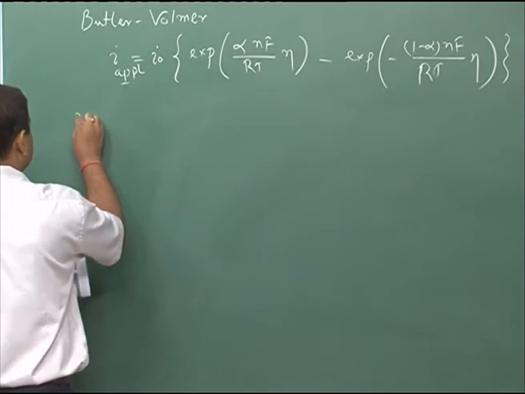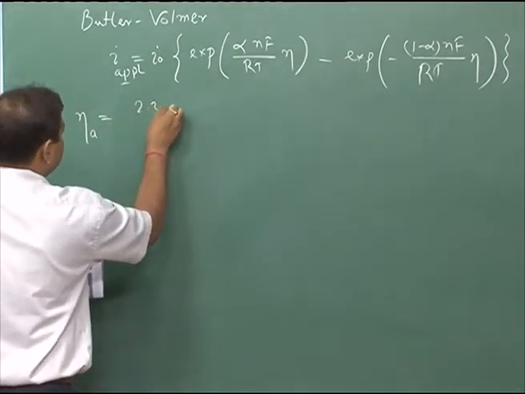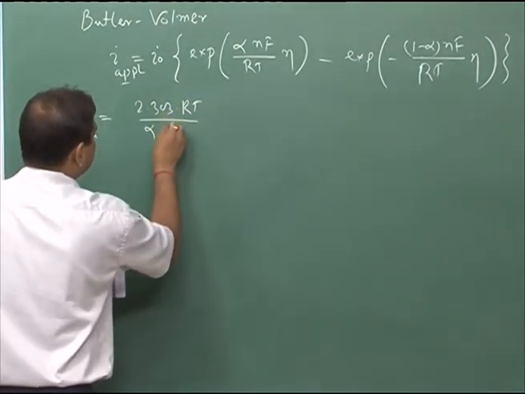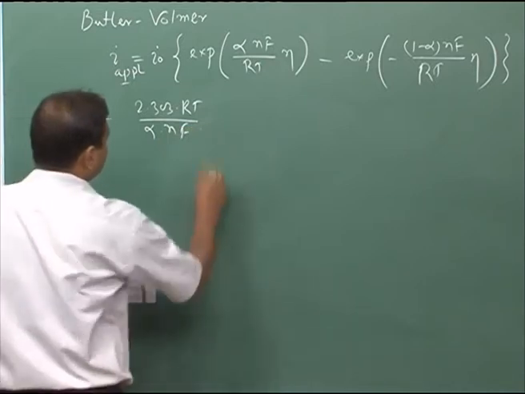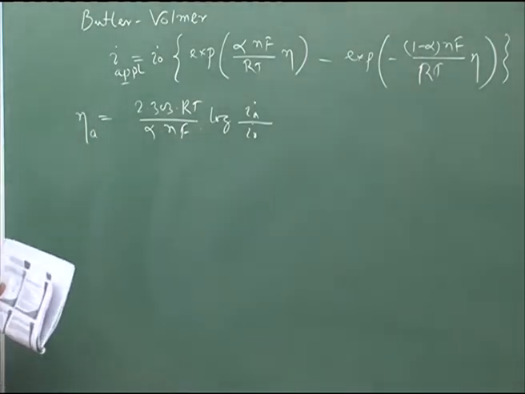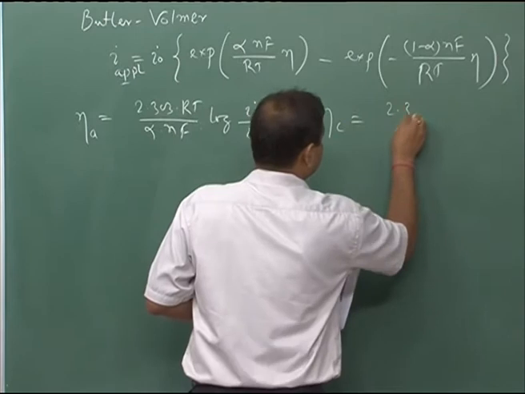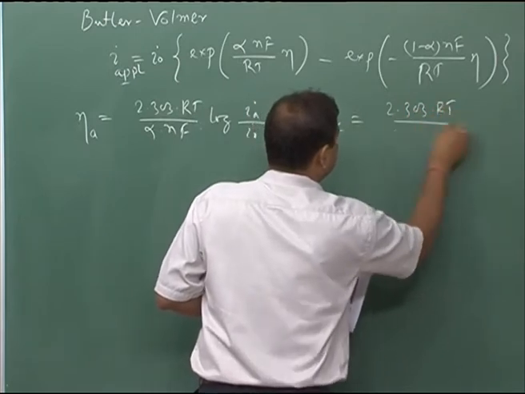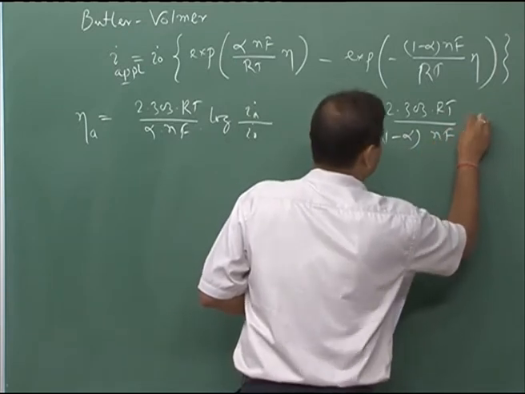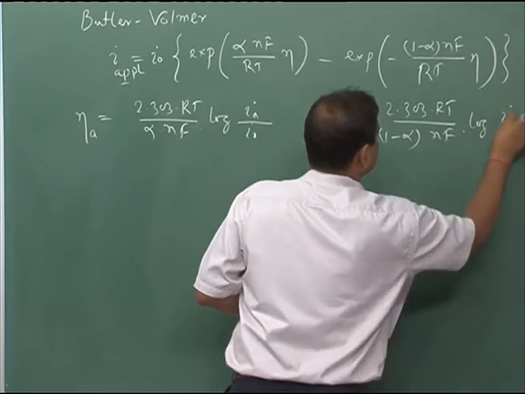The Tafel equation: eta A equals 2.303 R T by alpha n F log of I A by I 0, whereas eta C would be equal to 2.303 R T by 1 minus alpha n F log of I C by I 0.